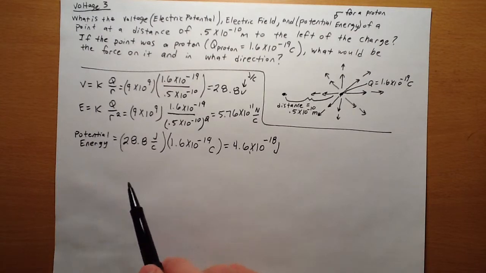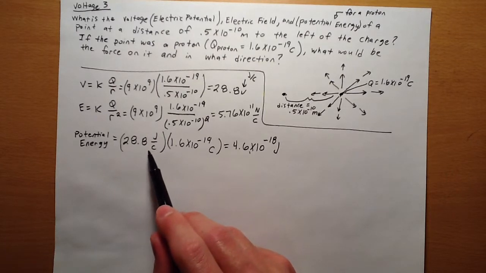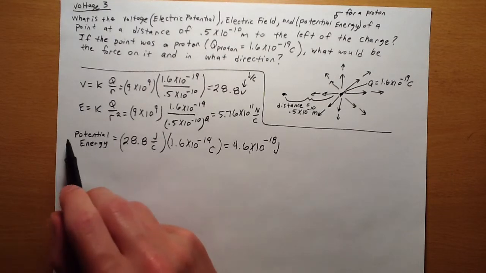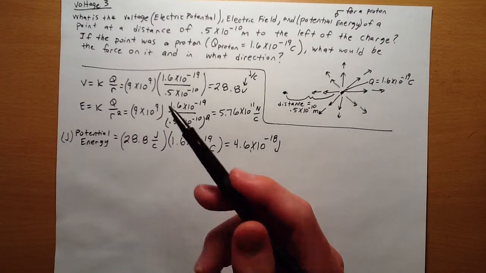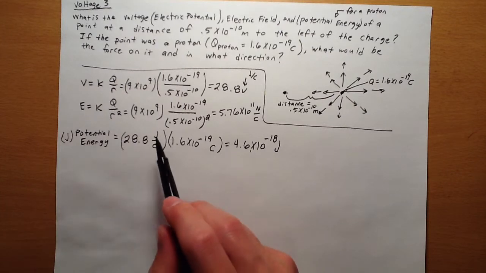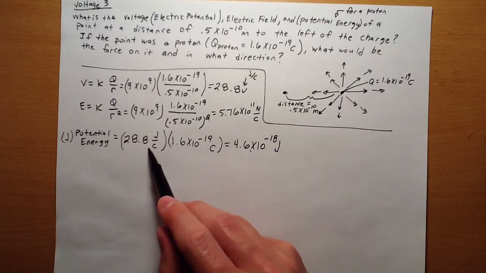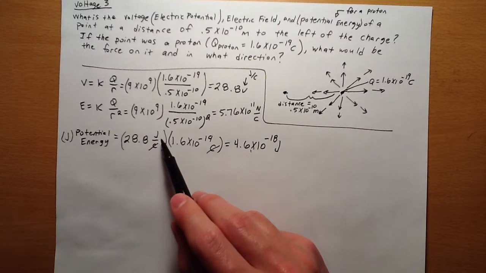Also notice how I use units to solve this problem. I saw that I needed potential energy of units of joules, and I knew I had a term that was joules per coulomb, and I had a term that was coulombs. And I saw that I could cancel the denominator with the numerator to get joules.